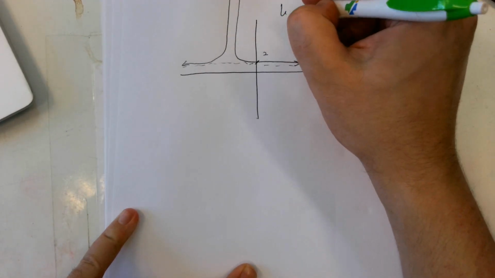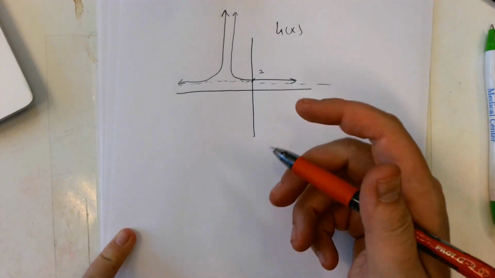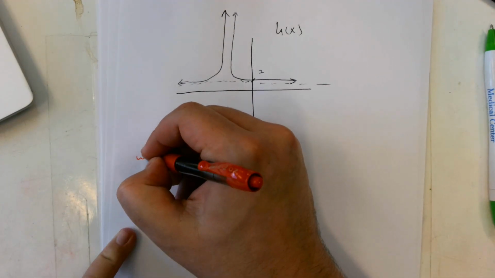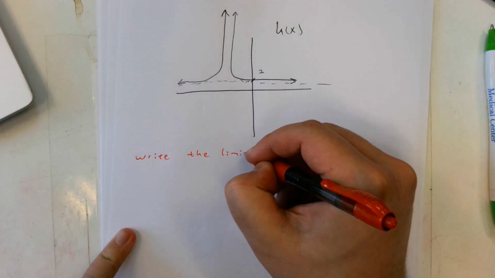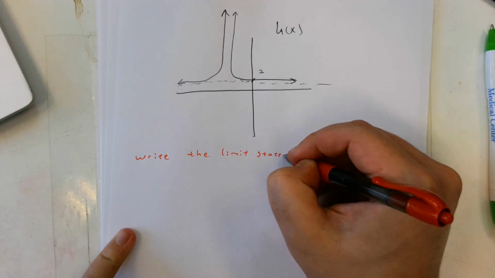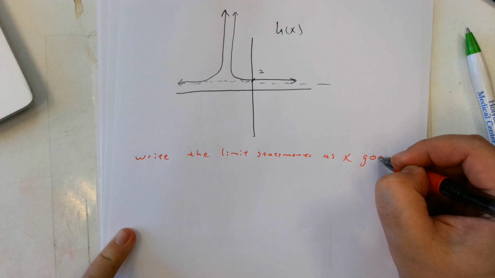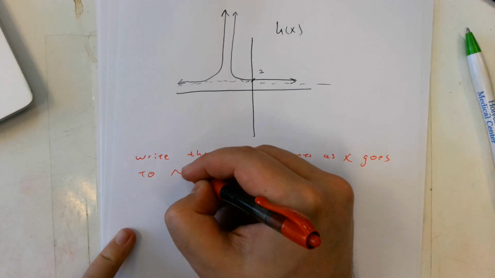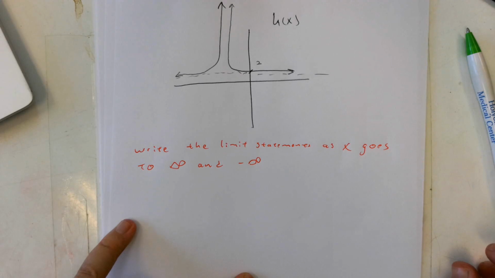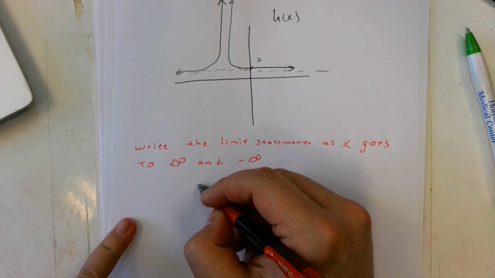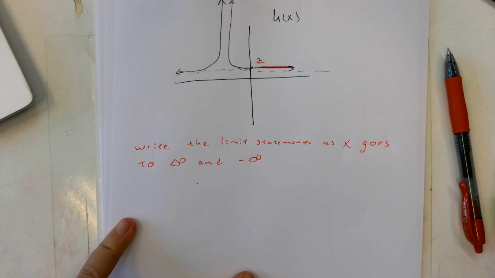If this were a graph of h of x, and I were asked to write the limit statements as x goes to infinity and negative infinity, I would just say, hey, I see this bad boy's leveling out at 2.